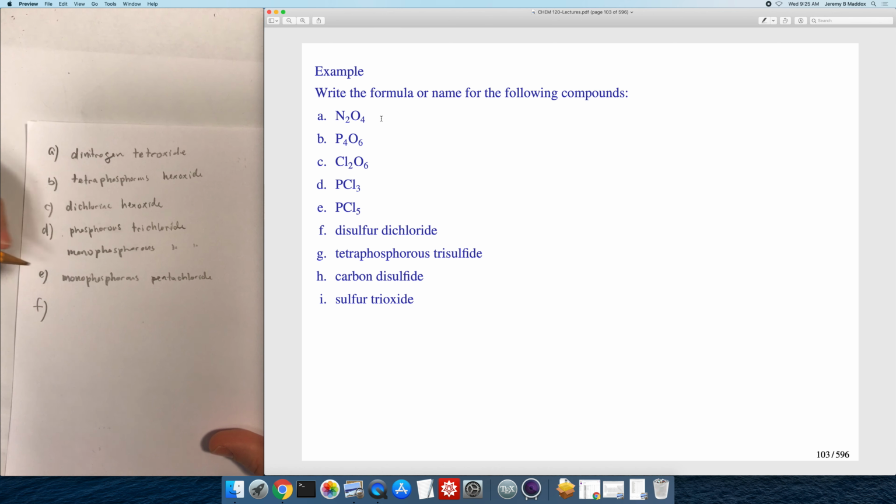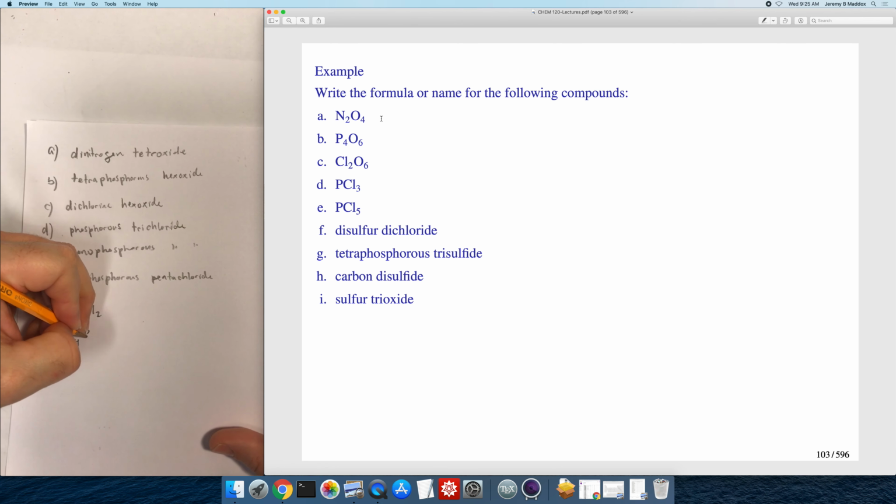So disulfur means you would have 2 sulfurs, and dichloride would mean 2 chlorines. For part G, tetraphosphorus trisulfide, P4S3.